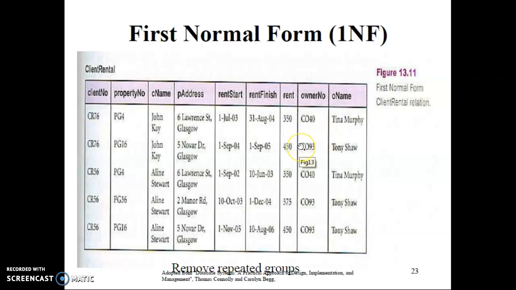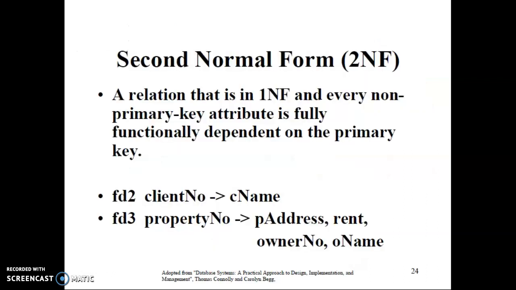So that is another partial dependency identified. Non-key attributes, meaning right hand side attributes in functional dependencies, depending on only one primary key from composite keys is called partial functional dependency. These are the two partial functional dependencies which we identified.